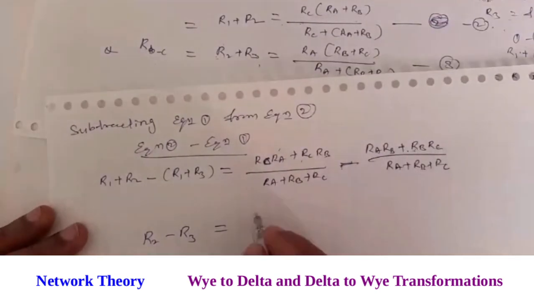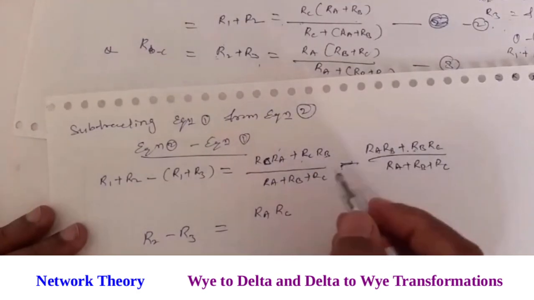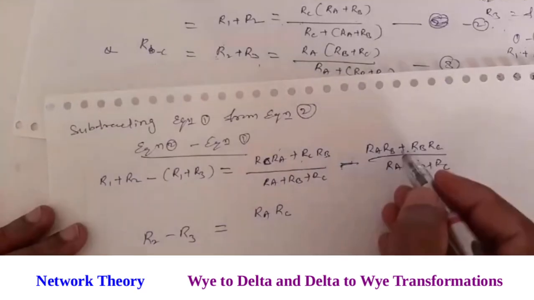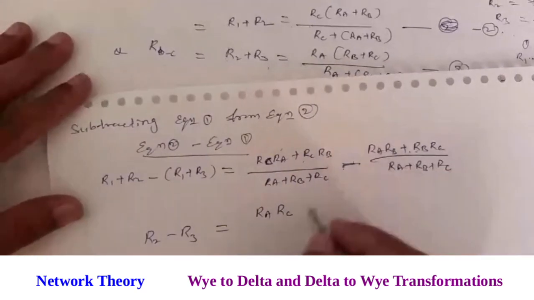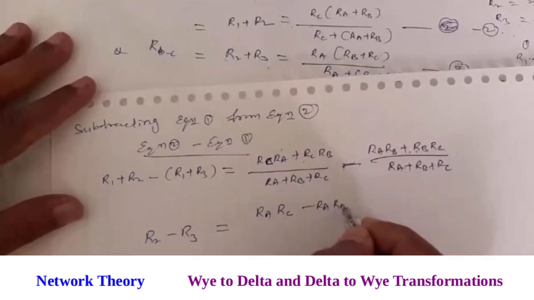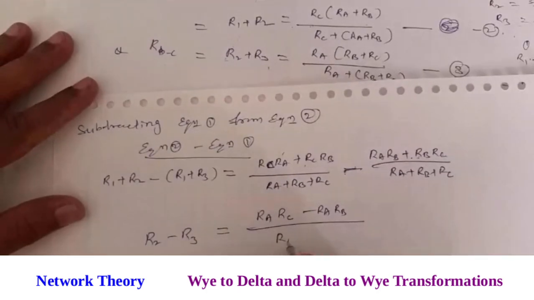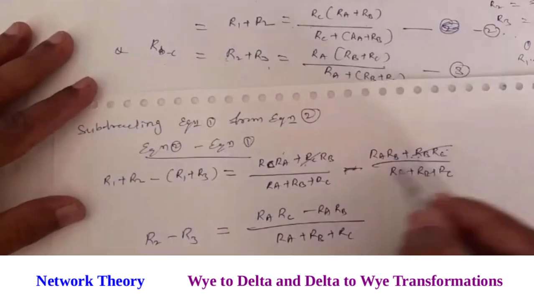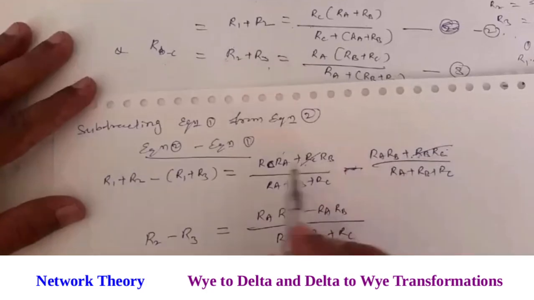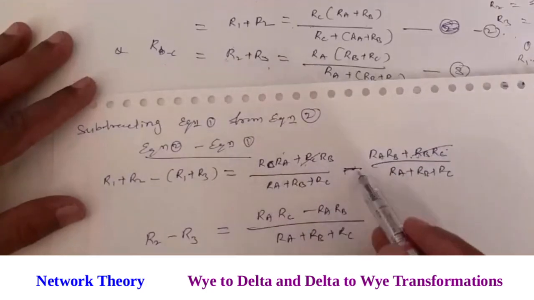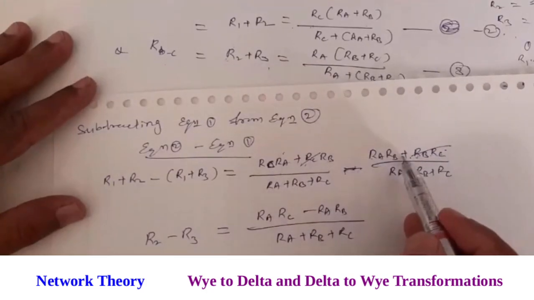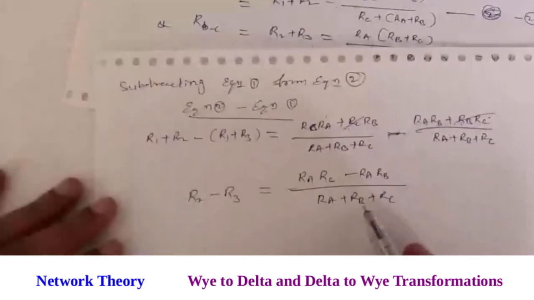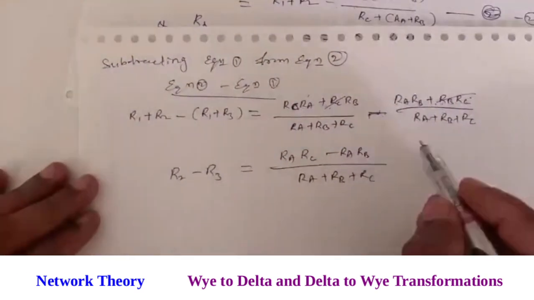What we get here is RA RC minus RA RB, divided by RA plus RB plus RC, because the plus and minus terms get cancelled. So we get RA RC minus RA RB, whole divided by this. This I call equation number 4.